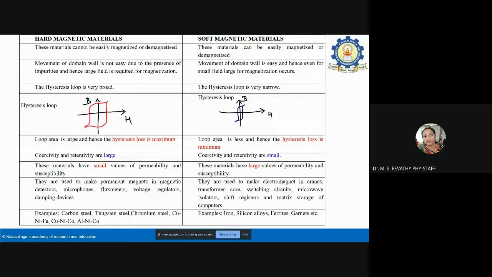Then the difference between hard and soft magnetic materials we have seen just now, and their applications also I have given, at least three applications for each magnetic material, if you remember. And the examples also, three you remember. Iron, silicon alloys, ferrites, and garnets are the examples for soft materials which I have not said. And in hard magnetic materials, I have covered carbon steel, chromium steel, Cunife and Alnico. You can also add Cunico, that is copper, nickel, and cobalt.